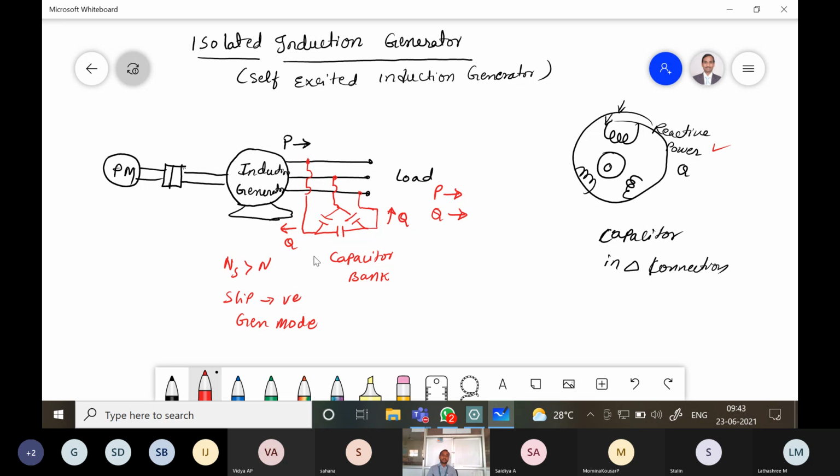A three-phase delta-connected capacitor bank is connected across the terminals of the machine and provides the necessary excitation, that is Q. And the reactive power is supplied by the magnetizing current. So what is the current flowing here? This is called the magnetizing current because of excitation. So due to this, the generator is loaded under this condition.